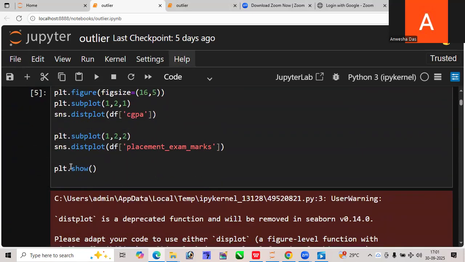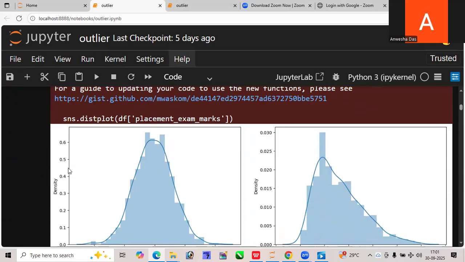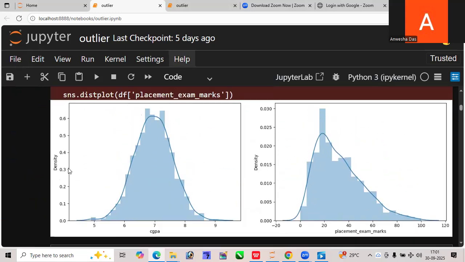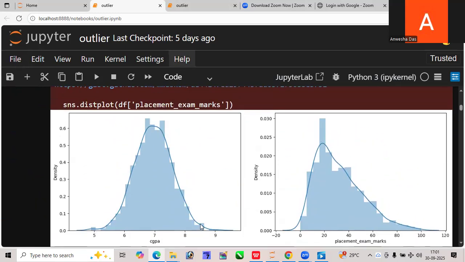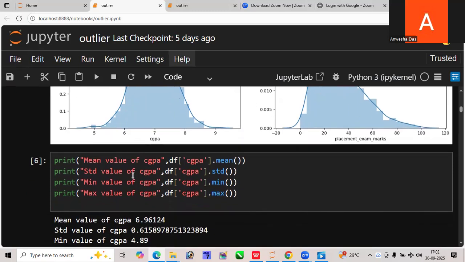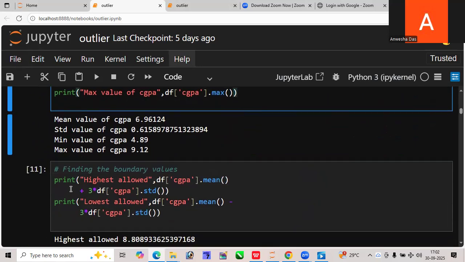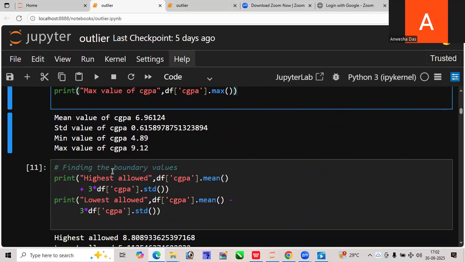After checking that distribution, I got to know the CGPA is normally distributed, but the placement exam marks is not normally distributed. Now I want to check the average, standard deviation, minimum and maximum.